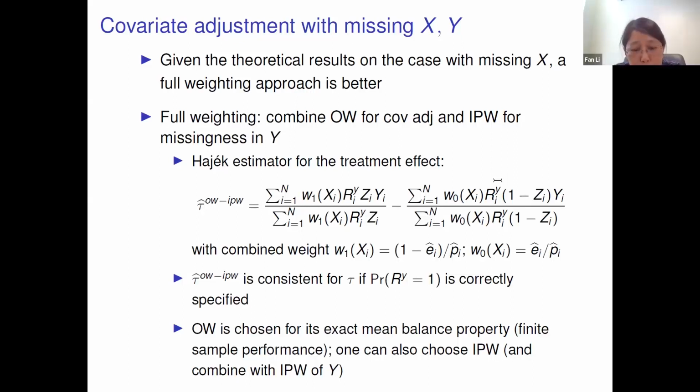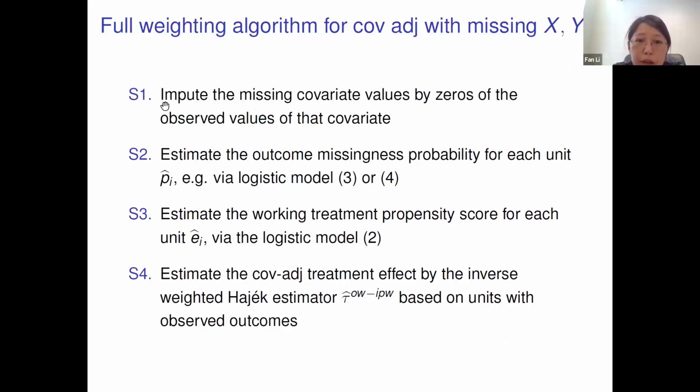This is the algorithm. What we do is first impute all the missing covariate values by zeros. Sorry, this is a mistake, just by zero. You can also use the means; again, just using zeros is enough.